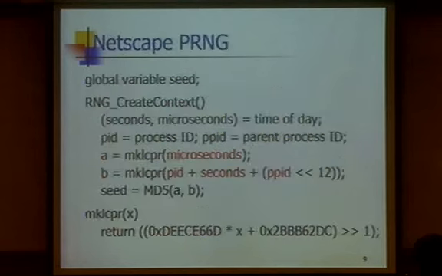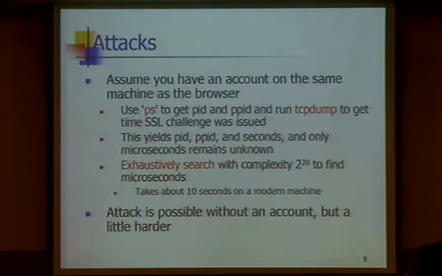Then he can reconstruct all the information of the seed, and then he can regenerate the random sequence of the random number generator. This attack is also possible even if the attacker does not have an account on the same machine.